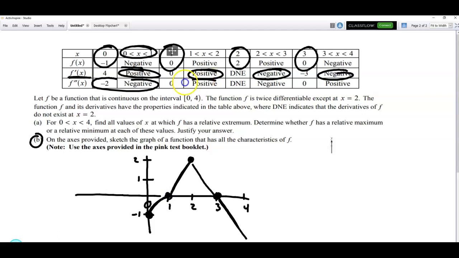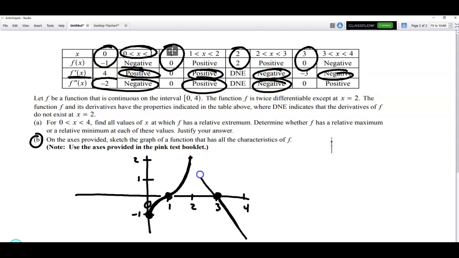Next, between 1 and 2, we have a concave up. So I still want a positive slope, but now I need to bend the line so that it is concave up. So now we have that shape going on. Next, we have concave down from 2 to 3.